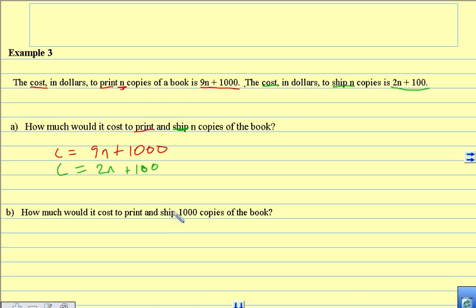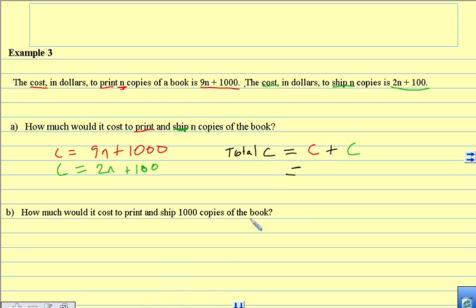So the total cost would be equal to the cost to print plus the cost to ship.